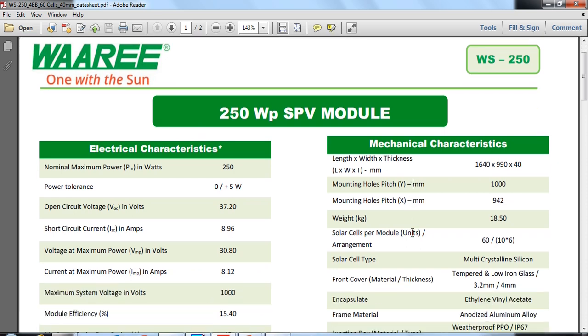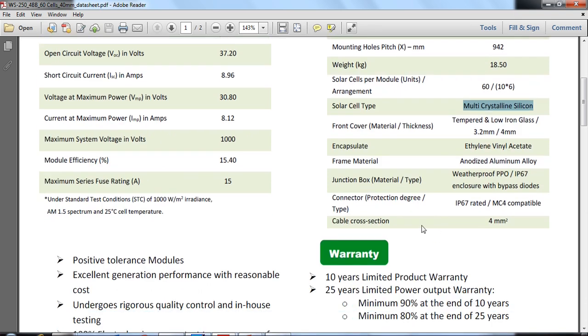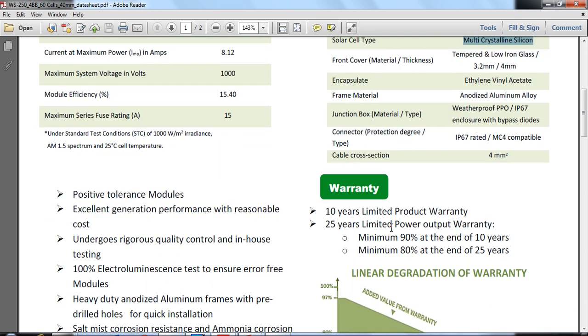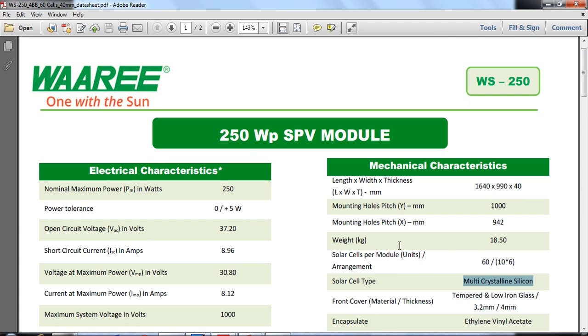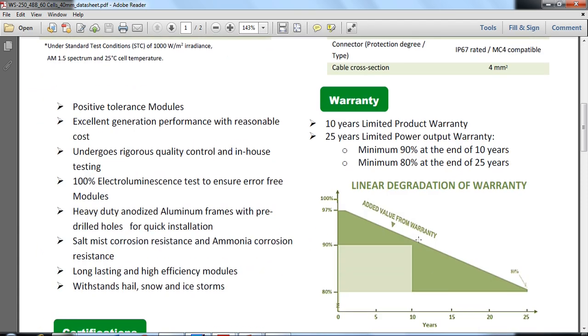This is one more data sheet of a 250 watt module in a similar case. See, the minimum system voltage is 1000. We have multicrystalline silicon, which is best suited for Indian weather. We have some protection standards and cable cross section. Similarly, this company Vari is one of the leading manufacturers of the same.